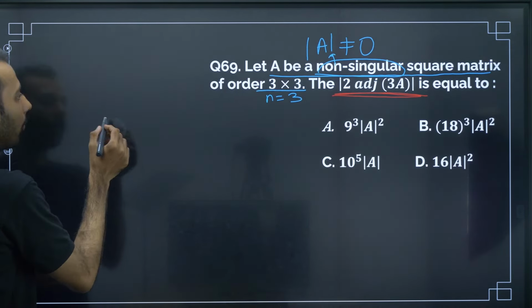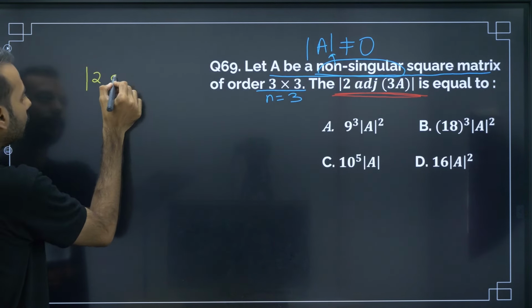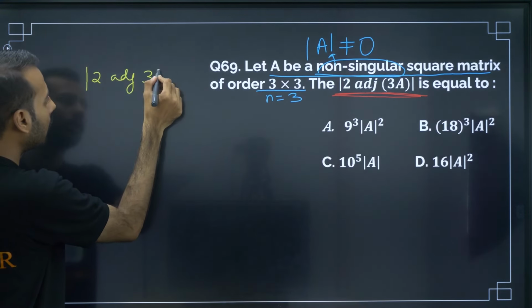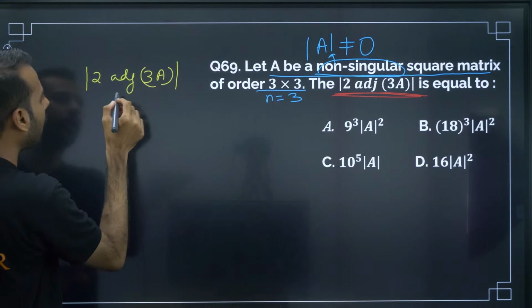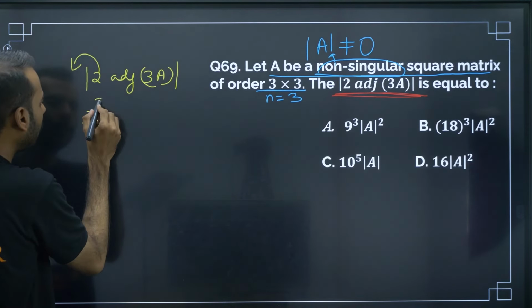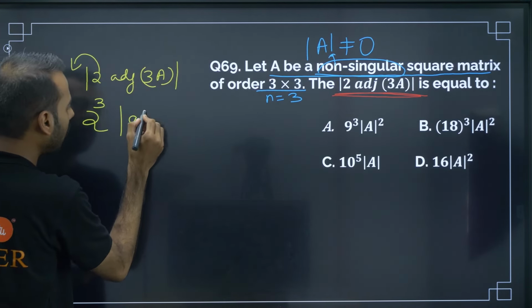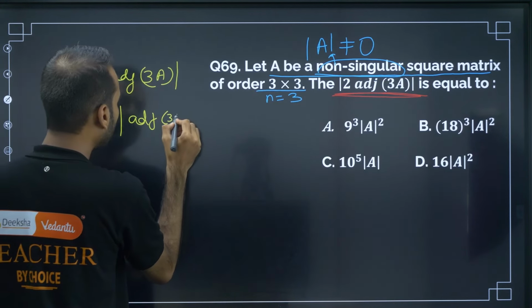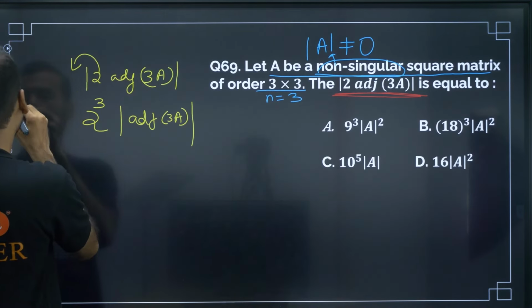Now first let me copy and paste that here. 2 adjoint of 3A. If I drag this out of this, this becomes 2 adjoint of 3A. How is this?